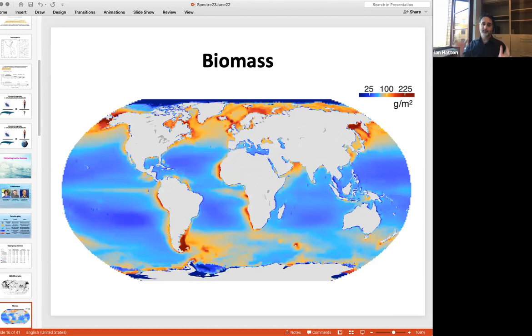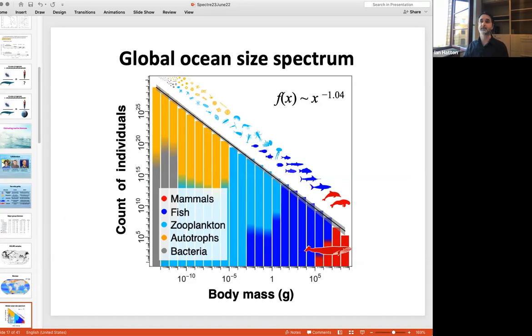And then that biomass was partitioned into different size classes, big order of magnitude size classes. We didn't want to get into making too many assumptions. Again, we're just trying to test this hypothesis. And then we were able to construct the size spectrum. And so this is what it looks like based on our best estimates from bacteria to whales.